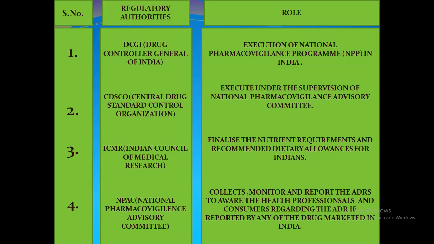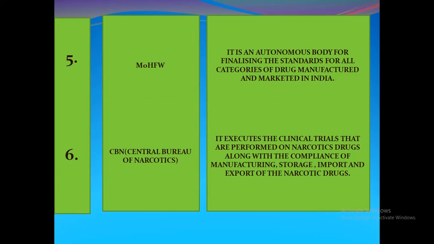Next authority is the National Pharmacovigilance Advisory Committee, and its function is to collect, monitor and report the ADRs to make the health professionals and consumers aware of adverse drug reactions reported for any of the drugs marketed in India. Fifth regulatory authority is the Ministry of Health and Family Welfare of the Government of India.